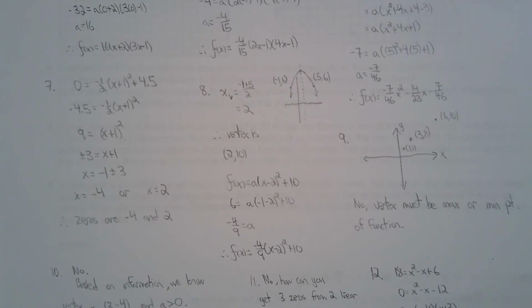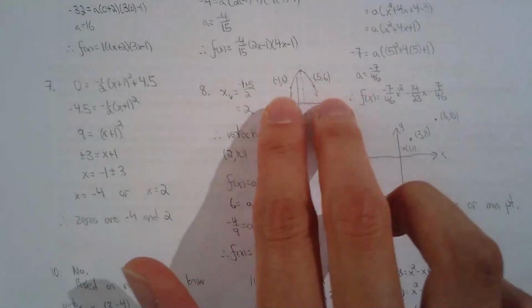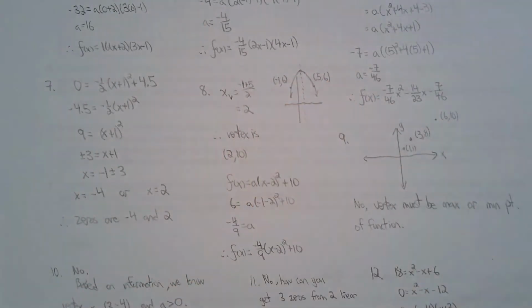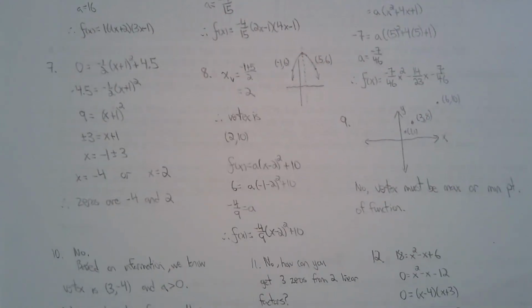For question 8, luckily the 2 points they gave me have the same y-coordinate, which means I can use the idea of symmetry to solve for the axis of symmetry, and then I have the vertex, and you can solve for the equation. Question 9 is silly. (3, 8) can't possibly be the vertex because it's neither the maximum nor the minimum, it's not the highest or lowest point. So yeah, not possible.